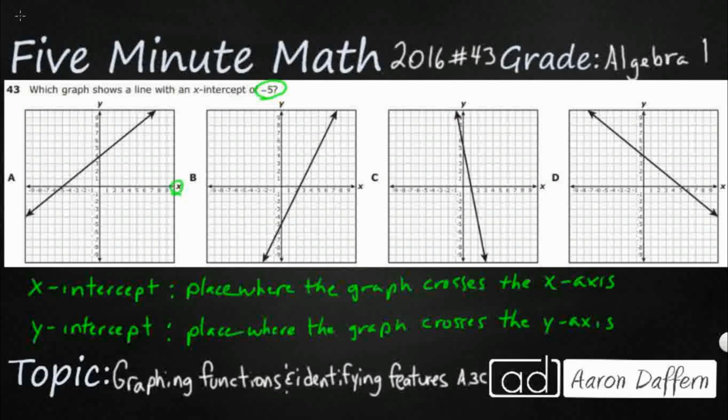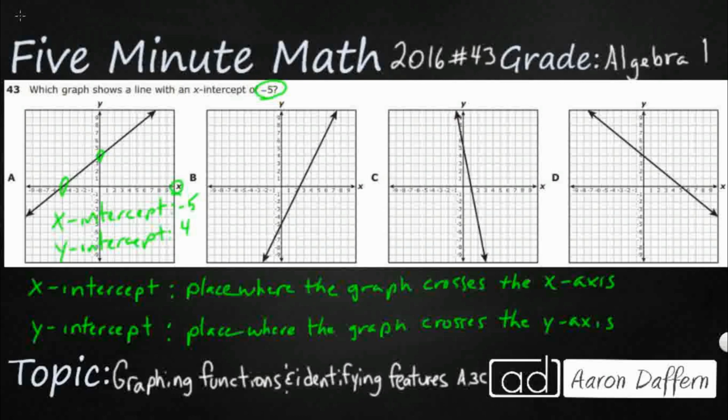My x-intercept is going to be where that line crosses. Looks like I've got -5. Well, that looks like exactly what I'm looking for. Let's see what the rest holds for us. Our y-intercept is right there at +4.